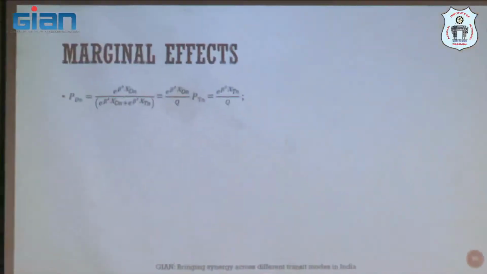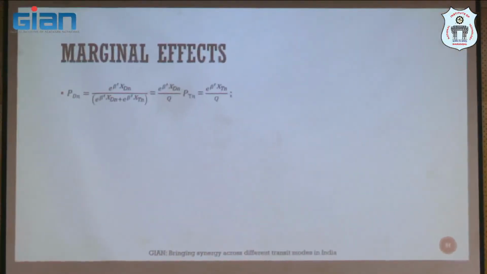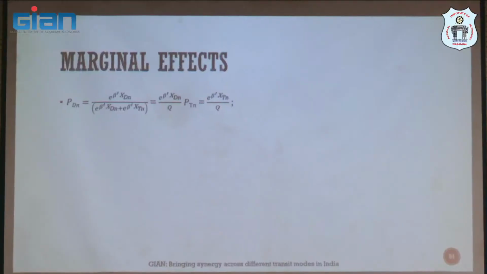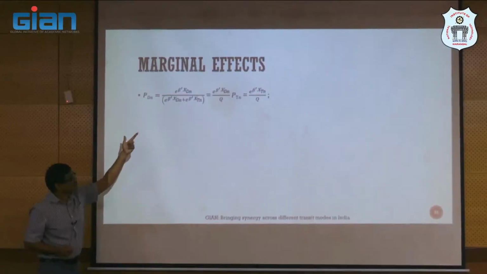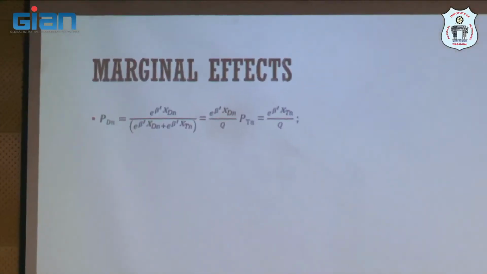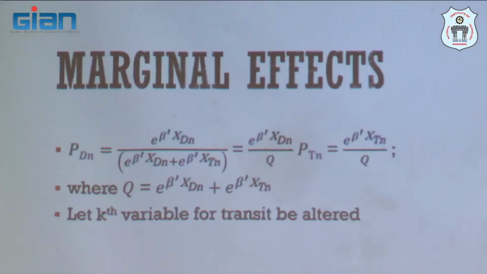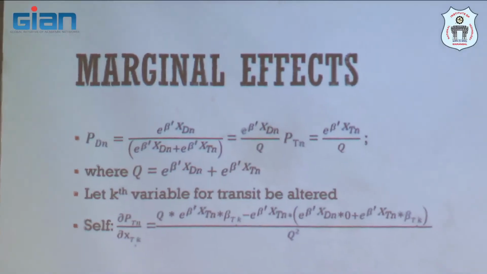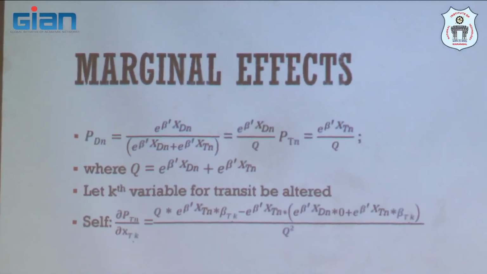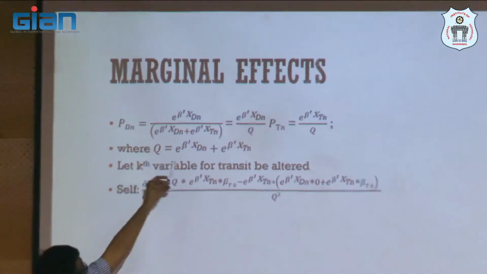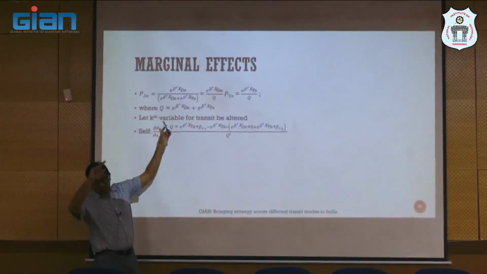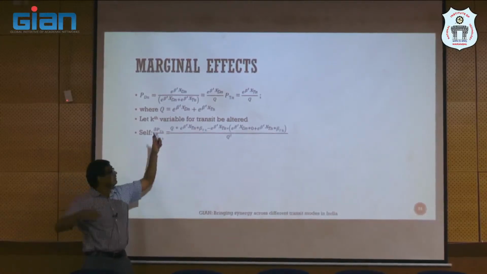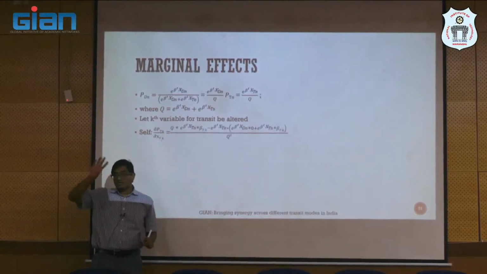So this is the expression. Just to make it easier, I'm going to write the denominator as Q. Now I'll take the derivative of P. So Q times the derivative of the top one. The top is e to the power beta x, times, I have to take the derivative of beta x only. When I take the derivative of beta x, all other x's I don't care.